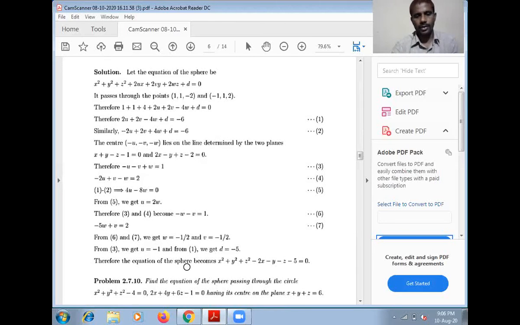After that you can substitute the u, v, w and d values in the general equation of the sphere. So that is x square plus y square plus z square minus 2x minus y minus z minus 5 equal to 0. So this is the required equation of the sphere.